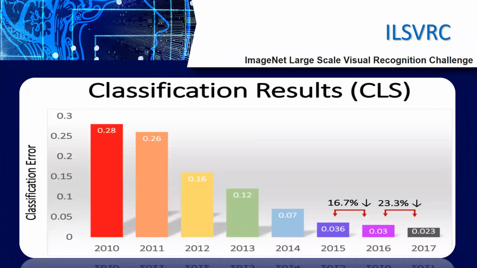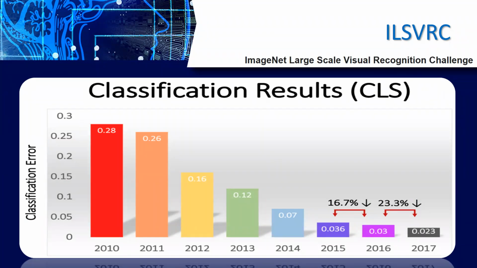Today we will discuss the advanced layers and advanced models available in the research community and in industry. Before that, let me introduce ILSVRC, the ImageNet Large Scale Visual Recognition Challenge.